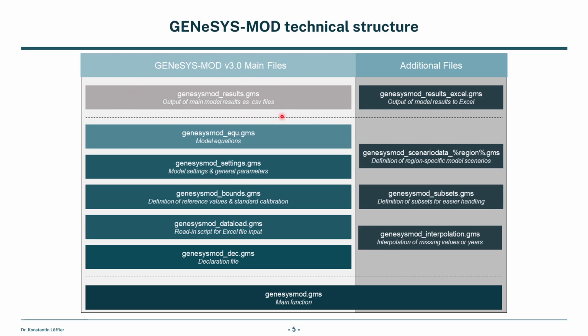So this is the GENeSYS-MOD results GAMS, where essentially the model results are being parsed and put into different output file formats. You can output them either as CSV files, but also Excel files or GAMS files are possible. So it's possible to either use a results or an Excel result output essentially. Some additional files that can be used but do not have to be used are, for example, scenario data for a specific region.